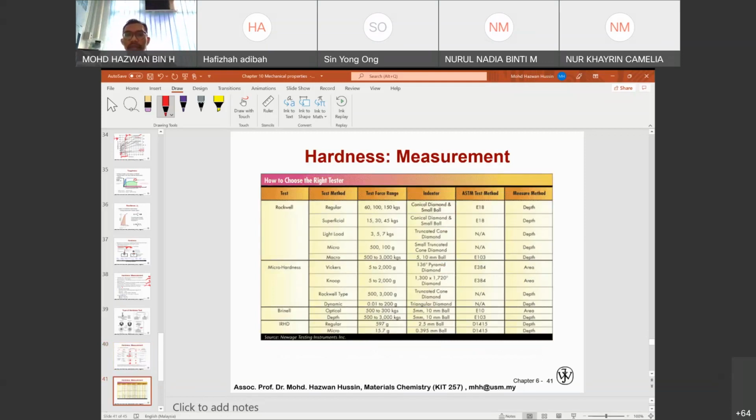Okay, so once you get the results, or before that, in order to choose the right test, we have to look at what type of load you want to apply. If the material is quite thin, or if it's thick, then you are going to apply different types of load. All of this needs to follow standard ASTM methods, with different types of indenter.